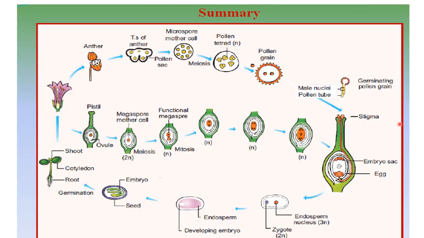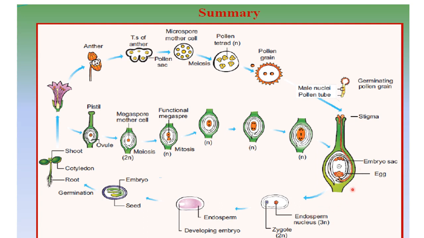So, the summary in a nutshell: a flower is the reproductive part, with the anther and pistil, the formation of the male gametophyte, the formation of the female gametophyte, and then pollen grains falling on the stigma, where fertilization takes place, development of the embryo sac and the embryo.